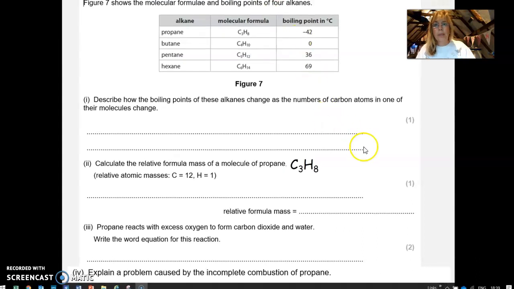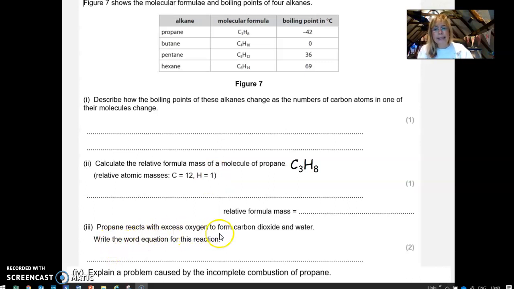So just to help you, the table shows you the molecular formula over there and the boiling points of 4 alkanes. The first question, describe how the boiling points of these alkanes change as the number of carbon atoms in one of the molecules change, for 1 mark. In the second question, calculate the relative formula mass of a molecule of propane using that information.